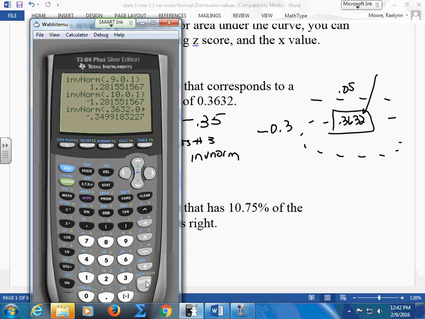So what would you put for the area? The area that they gave you, 0.3632. We're on the first one. We did it by your chart, now I'm doing it by your calculator. So what would you put for the mean? 0 and 1, because you want to find the z-score. Right now, if we want to find the x value, then we'll put the mean and the standard deviation.